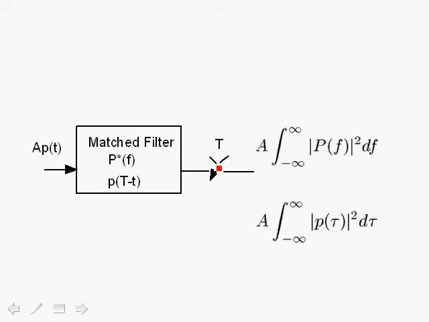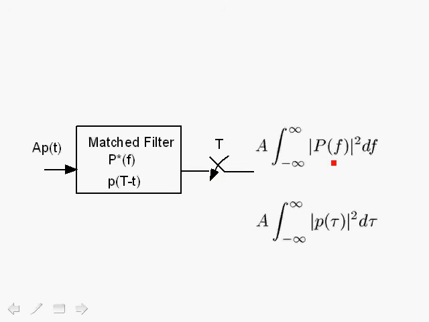The output of the matched filter is sampled at the optimum time T at the opening of the eye, and the output of the filter was equal to A times the integral of p(tau) squared d tau. Recall that in the matched filter, as the correlation, we had maximum correlation, or the area underneath the pulse squared. So that was the value where we have maximum signal to noise ratio at the sampling point.